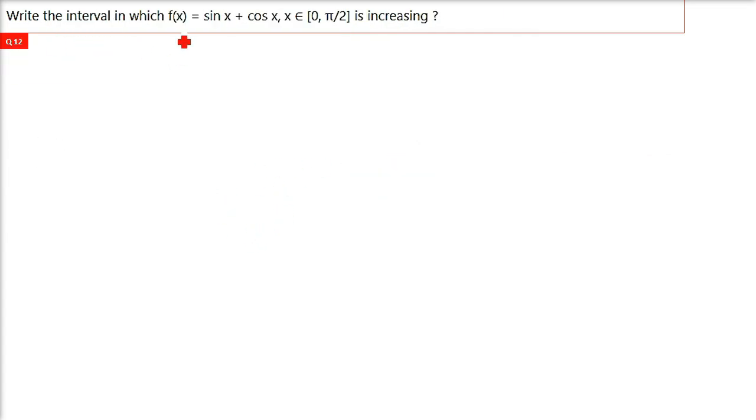Write the interval in which sin x plus cos x, where x belongs to 0 to pi by 2, is increasing. That means in 0 to pi by 2, it might be increasing somewhere, it might be decreasing somewhere. It is asking in which interval this function is actually increasing. We have f(x), so I'm taking the differentiation, f dash x: sin x gives cos x, cos x gives minus sin x.